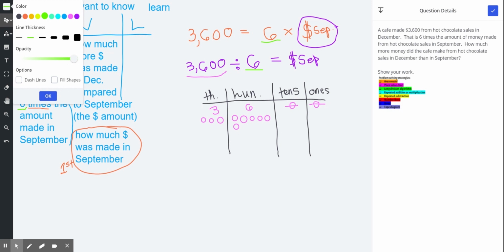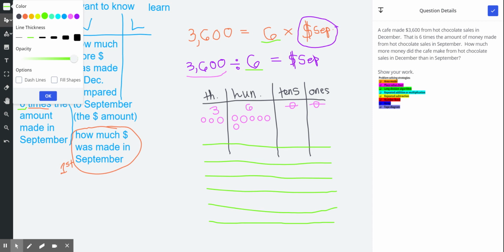So in other words, we need 6 rows. So one row, 2 rows, 3 rows, 4 rows, 5 rows, and a 6th row. All right, so lots of rows here.